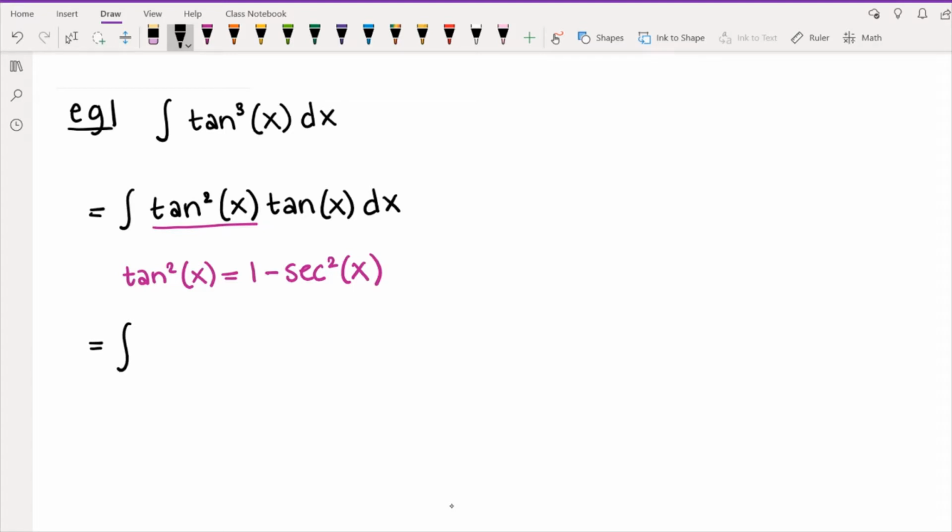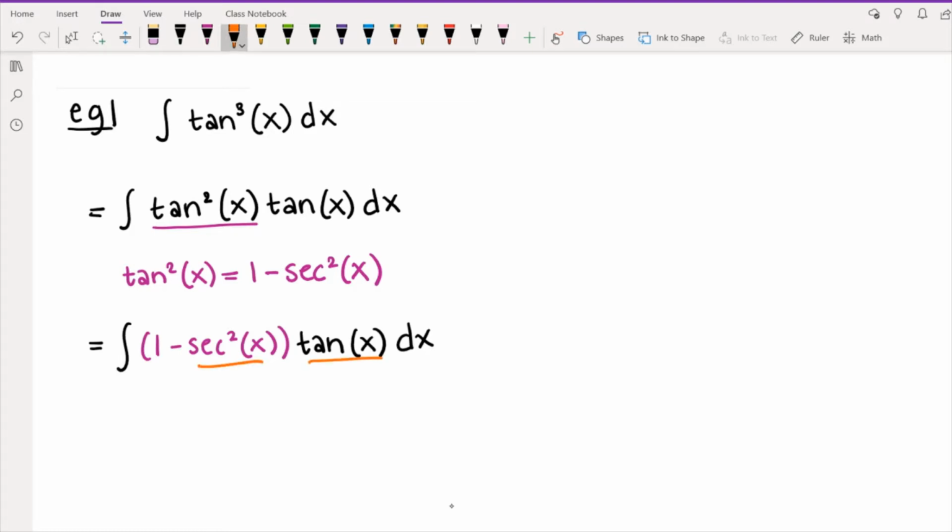So now we have the integral of secant squared of x minus 1, times tangent of x dx. So what do we do next? Well, you might think, okay, we have tangent and we have secant squared.